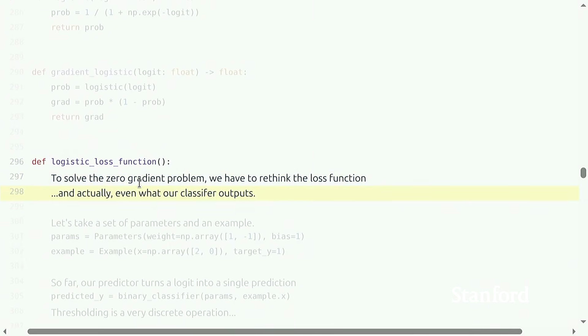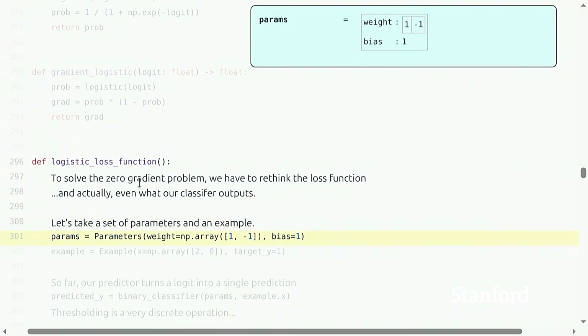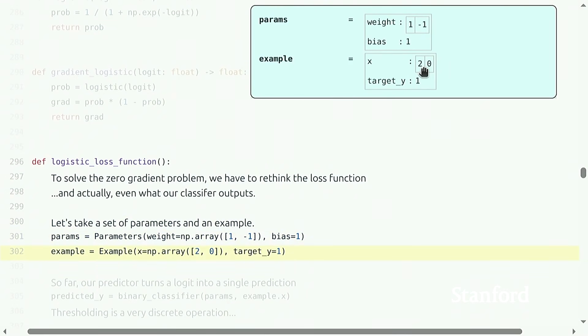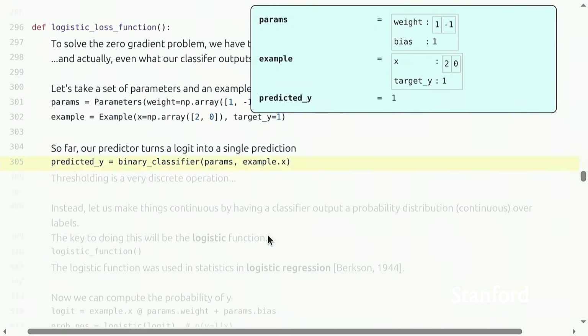So we're actually going to take maybe a deeper conceptual turn and think about what the classifier outputs. So let's go to this example here. I have a set of parameters, and I have my example with the target. So far, our predictor computes a logit, and what it does is it just outputs a single prediction.